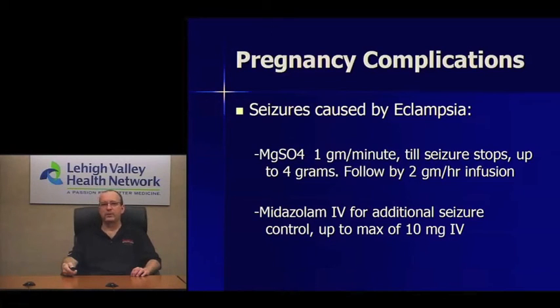And then we'll give up to 10 milligrams of Versed if she's still seizing. With the mag, that's helping to treat the cause, and it's probably a little bit less harmful for the baby if we can stop the seizures with the mag. But if we need to use the Versed, then that's what we need to do, because mom continually seizing isn't going to help the kid any.